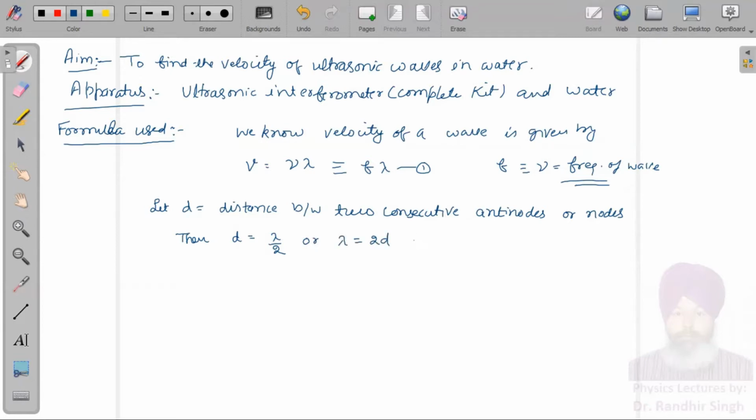So if we put this value in 1, then we get velocity is equal to 2df.